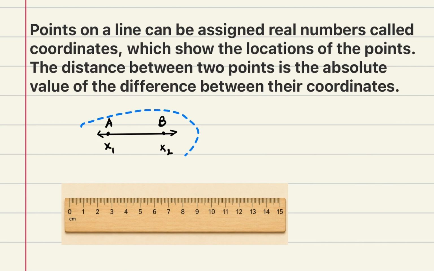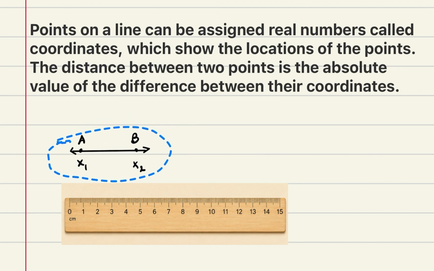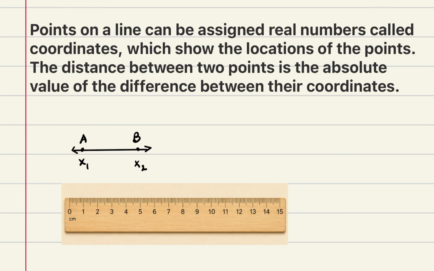Okay, so let's take this and move it down and align it with 1 and 5. So let me give you the actual formal equation here for the absolute value, or statement actually.